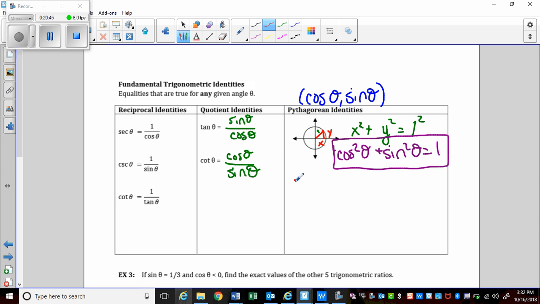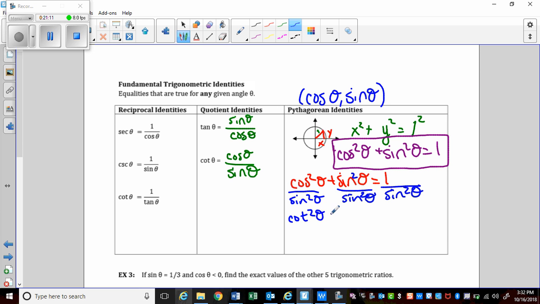So if we have this, which is cosine squared plus sine squared theta equals 1, I can divide by things. Let's divide by sine. If you divide by sine, everything has to be divided by sine. Cosine over sine is cotangent. Sine over sine is 1. 1 over sine is cosecant. Still squared. They're all squared.